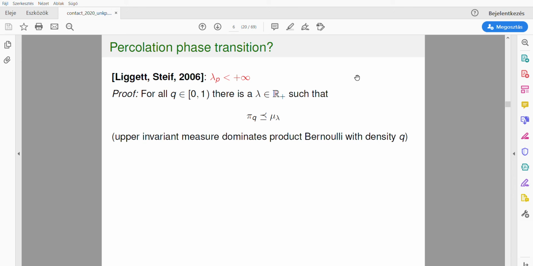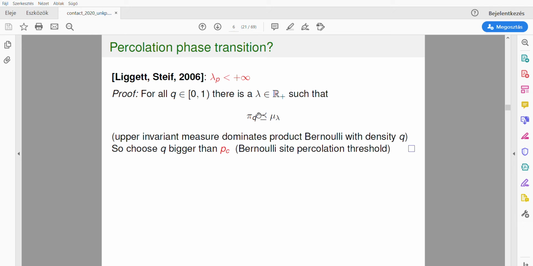And as soon as you prove this, you're done, because you just choose q to be bigger than the Bernoulli site percolation threshold that we defined on the first slide. So if q is bigger than pc, and you choose lambda accordingly, then the upper invariant measure dominates the Bernoulli configuration with density q.